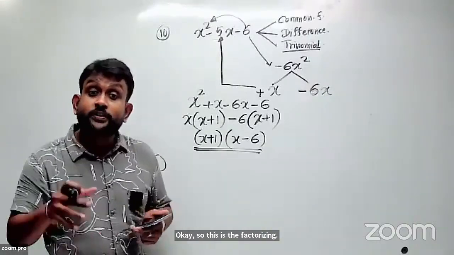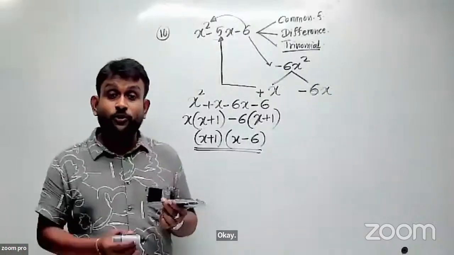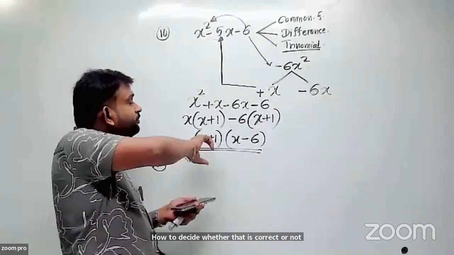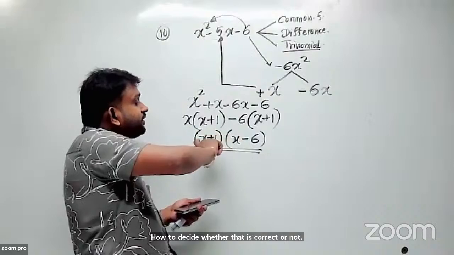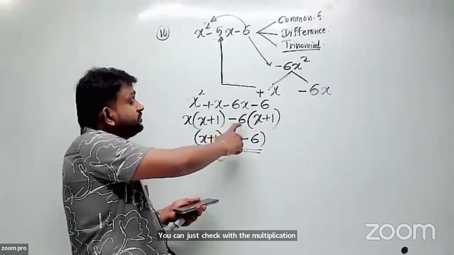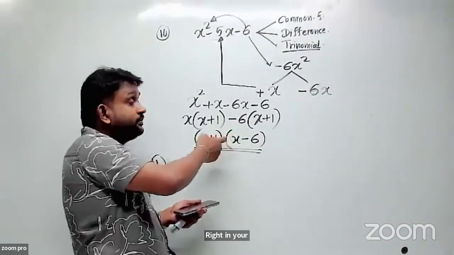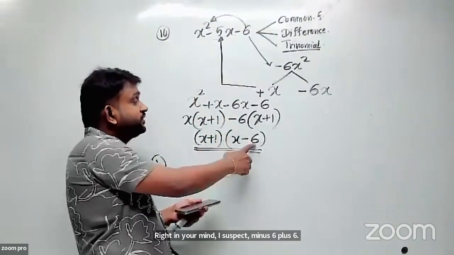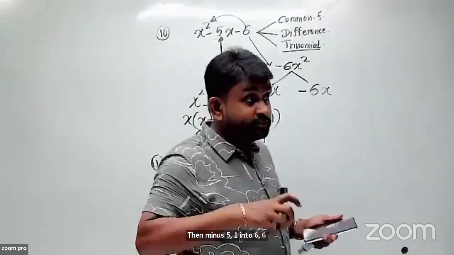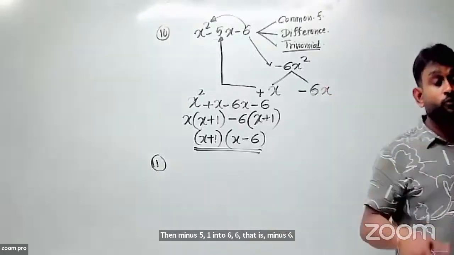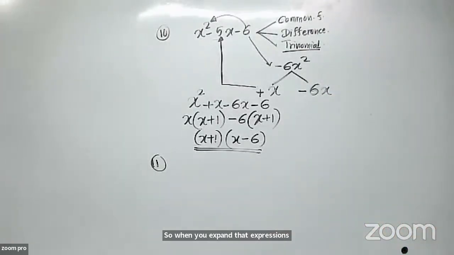How to decide whether that answer is correct or not? You can just check with the multiplication. In your mind, x squared minus 6x plus x, that is minus 5x, and 1 into 6, that is minus 6. So when you expand that expression, it would give the equation. Better write the steps and take the answer, without directly taking the answer.